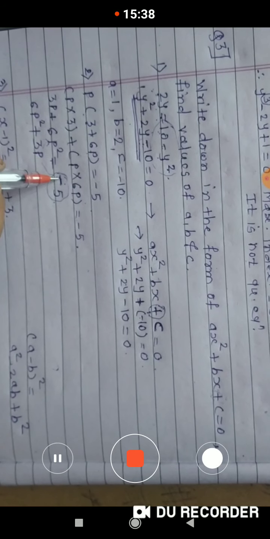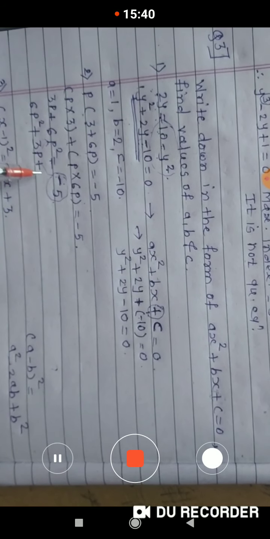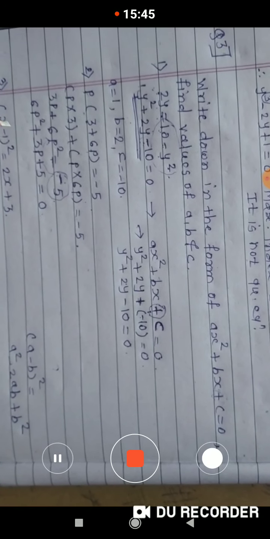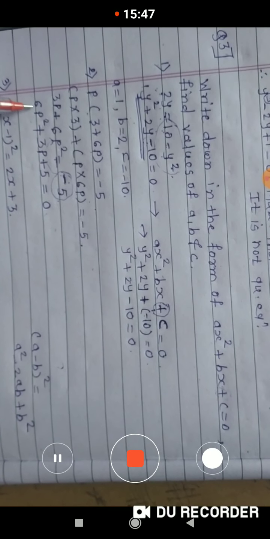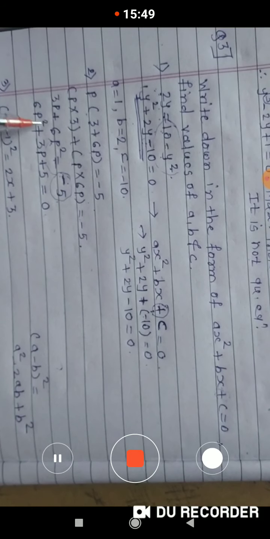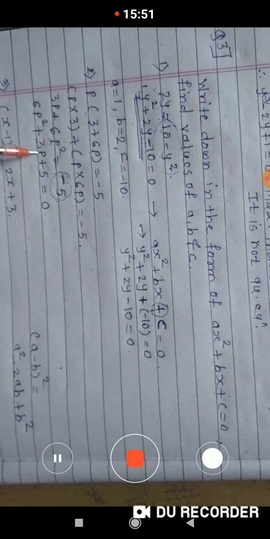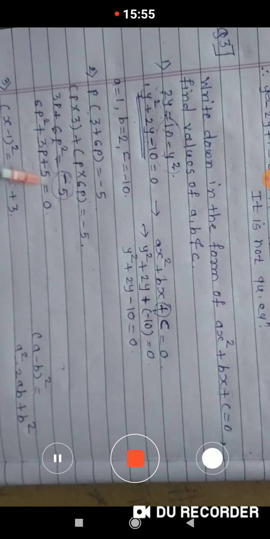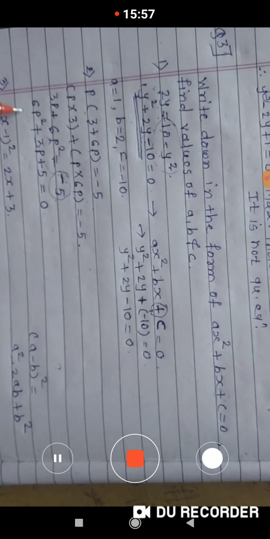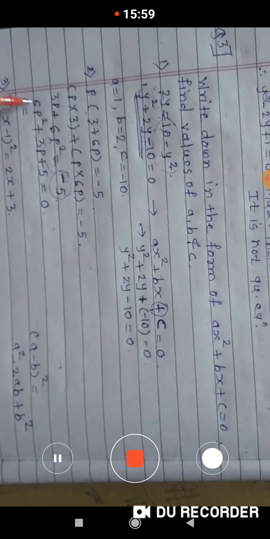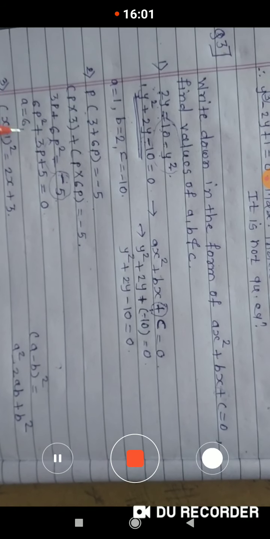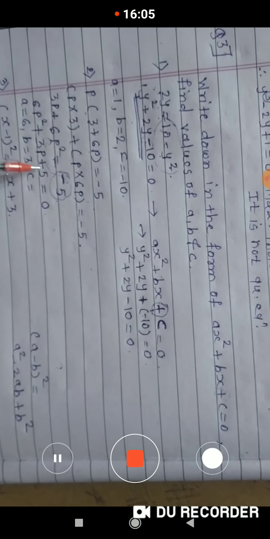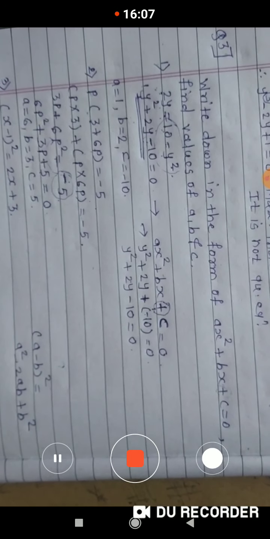Okay, that means minus 5 becomes plus 5 is equal to 0. Understand? We get the quadratic equation 6p square plus 3p plus 5 is equal to 0. Now we have to find the values of a, b and c. a is equal to 6, b is equal to 3 and c, that means the constant term, is 5.